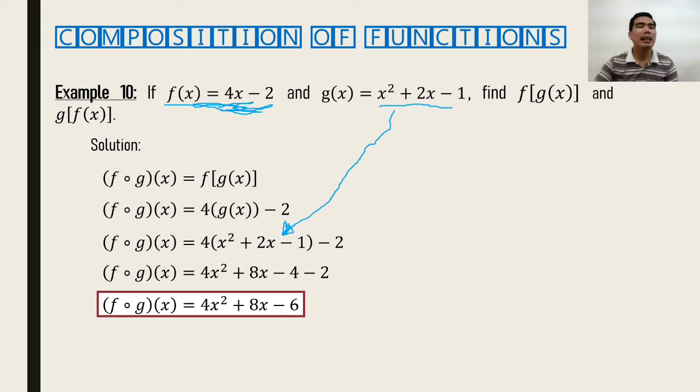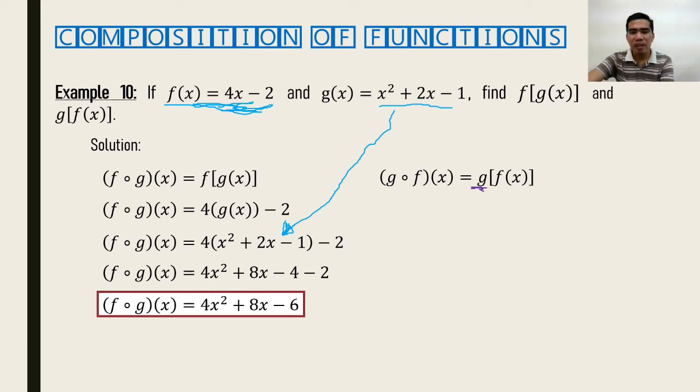Okay, now the reverse. Let's say g of f of x. For g of f of x, what equation will we use? We will use the g function. What is the g function?